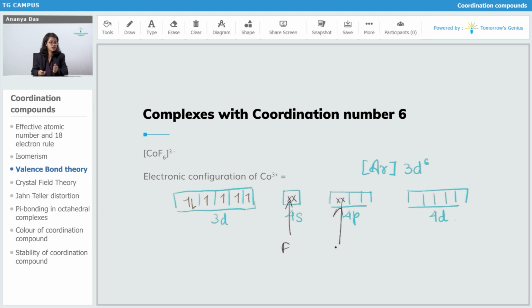This is another F negative, another F negative, and so on. Now this is sp3d2. Outer d orbitals are used for this, therefore this has the configuration sp3d2.